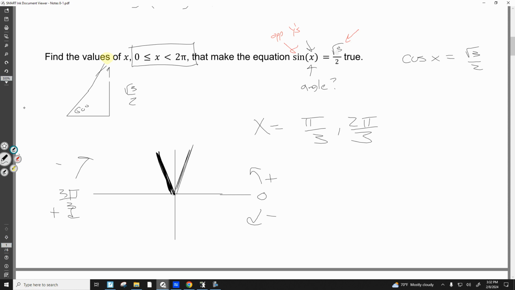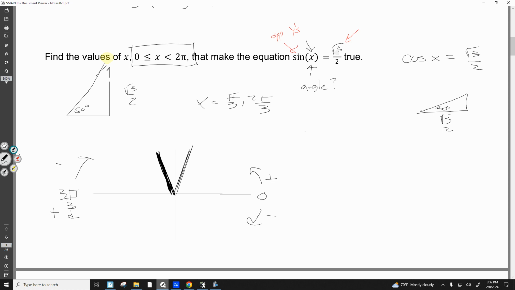Okay, you're thinking short 30, 60, 90 triangle. You answered pi over 3 and 2 pi over 3. You're thinking, okay, I need my 30-degree angle so that the adjacent is root 3 over 2.